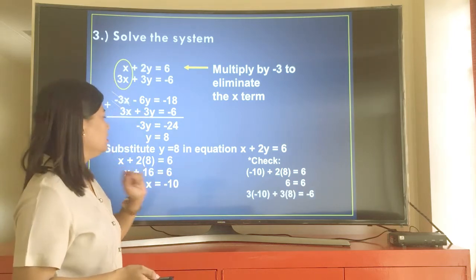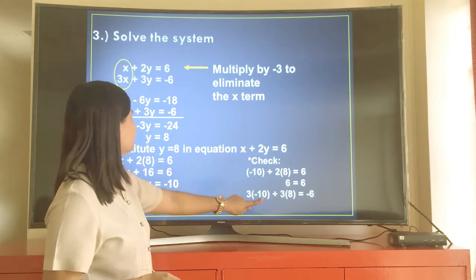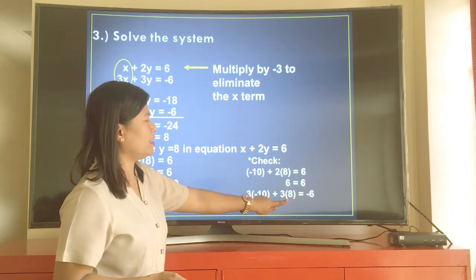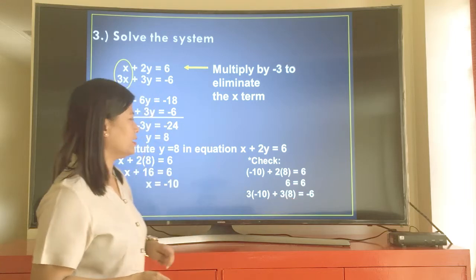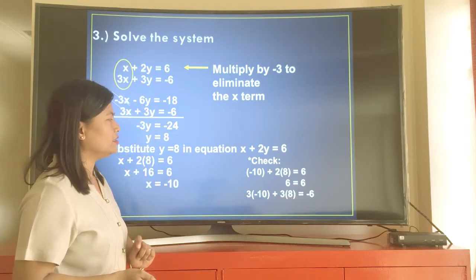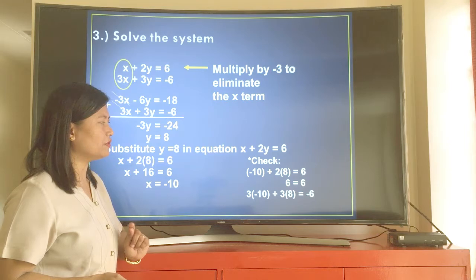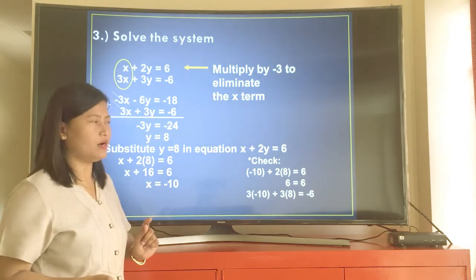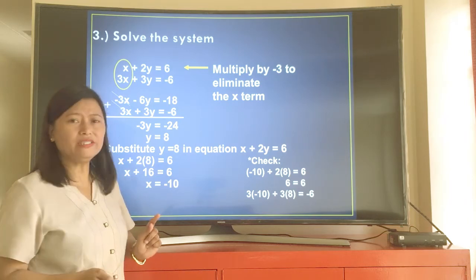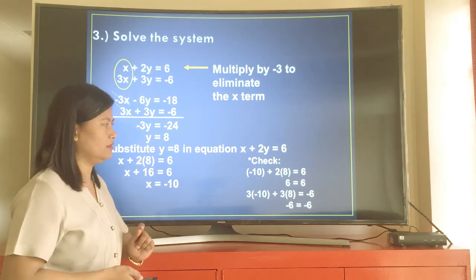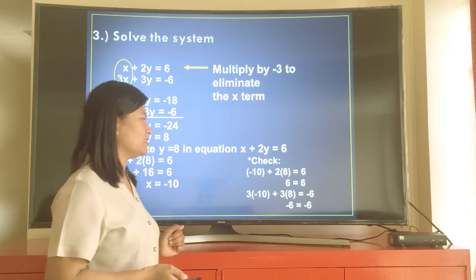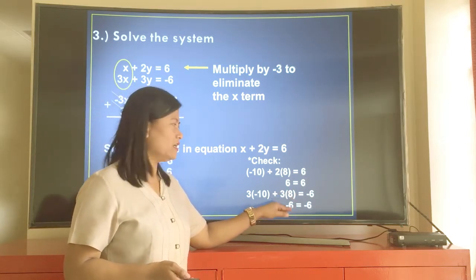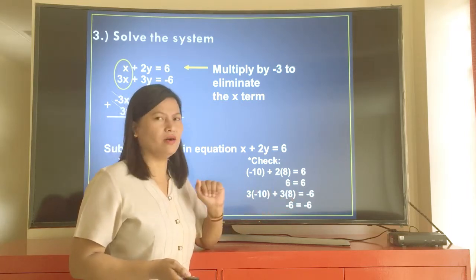Equation 2: 3 times our x, negative 10, plus 3 times our y, 8, is equal to negative 6. 3 times negative 10 is negative 30. 3 times 8 is 24. So what is negative 30 plus 24? It is negative 6. We have negative 6 is equal to negative 6. It is a true statement also.